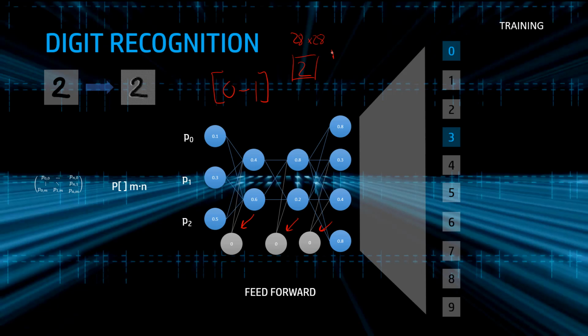So if it's black, it will be 0, and if it is white, the pixel will be 1 as input. If it's a gray tone, it will be a float value between 0 and 1, depending on how gray it is.